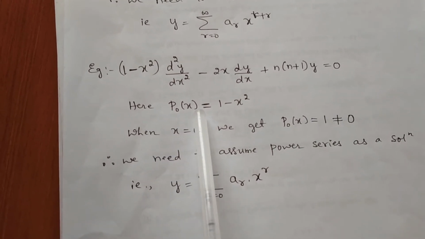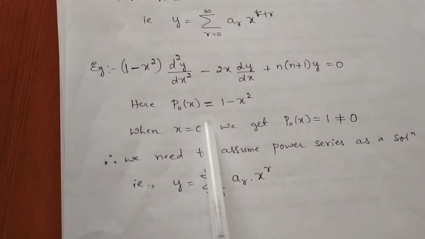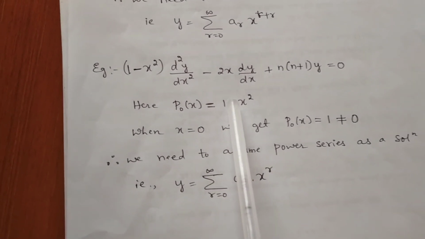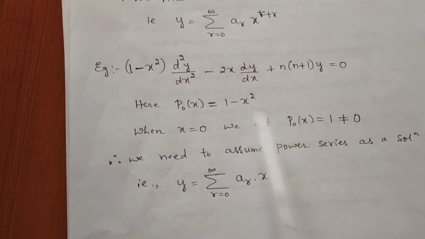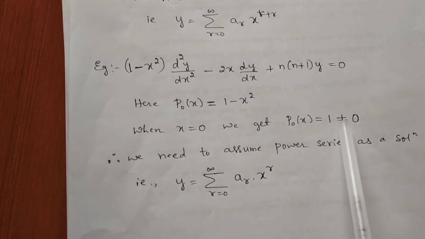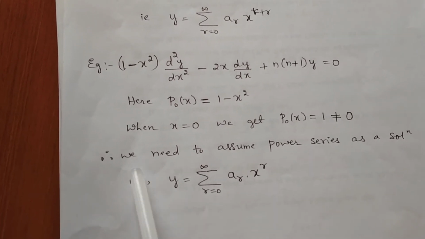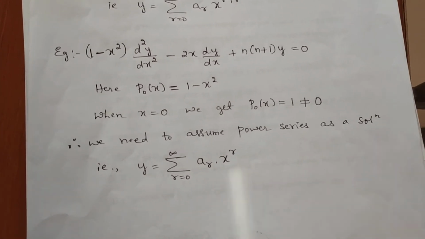Here p0 of x equals 1 minus x square. When you substitute x equal to 0, you get p0 of x equal to 1, since 1 minus 0 is 1, but 1 is not equal to 0. Whenever it is not equal to 0, we need to assume power series as a solution.